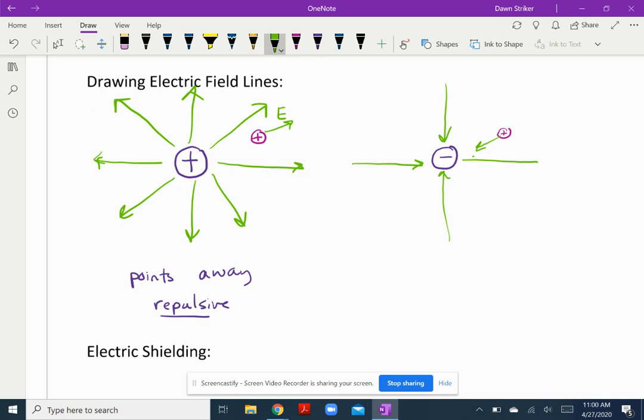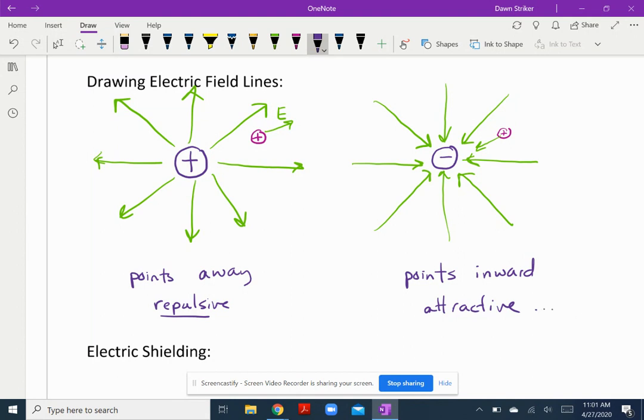It pulls positive charges in. So around a negative charge, the field points inward. And that tells me it is attractive.